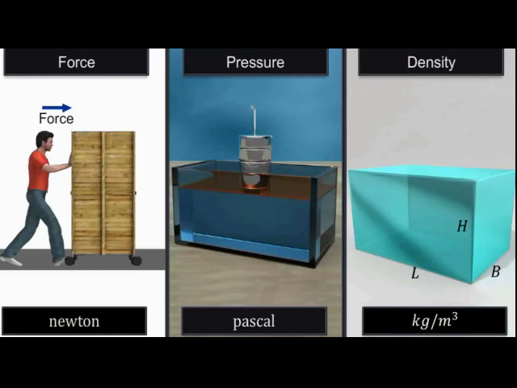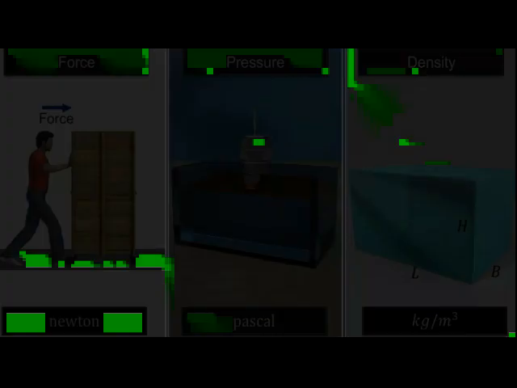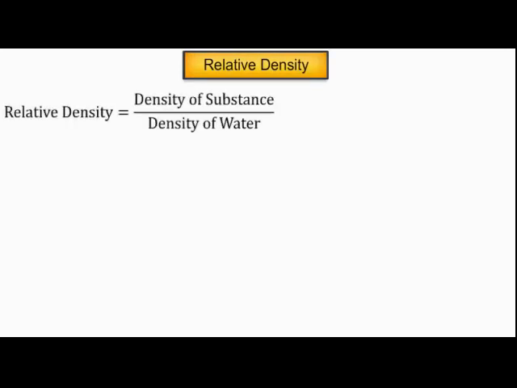But there are certain derived physical quantities that do not have units. For example, relative density is the ratio of the density of a substance to the density of water. As it is the ratio of two identical quantities, it does not have any unit.